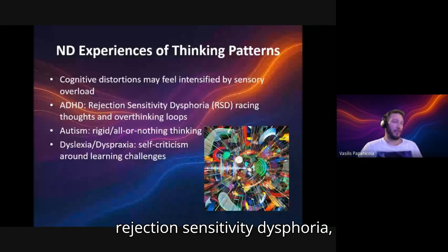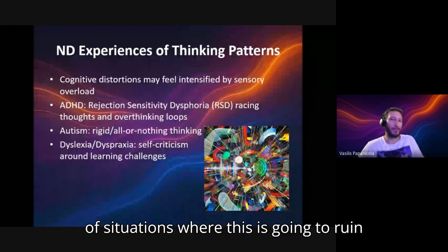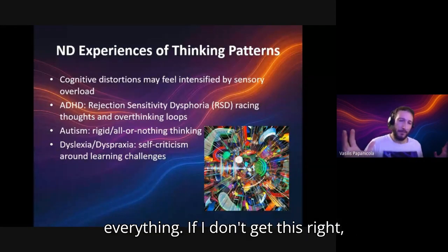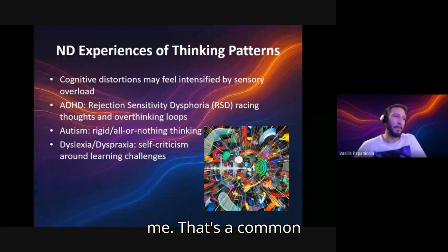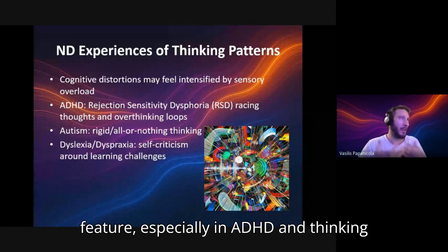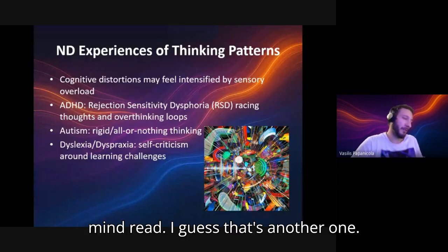And there's another thing called rejection sensitivity dysphoria, which can lead to the catastrophization of situations, where this is going to ruin everything. If I don't get this right, the rest of my experience going forward is going to be terrible for me. That's a common feature, especially in ADHD. And trying to mind read, I guess, is another one.